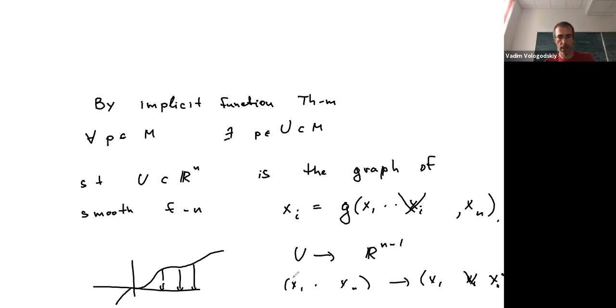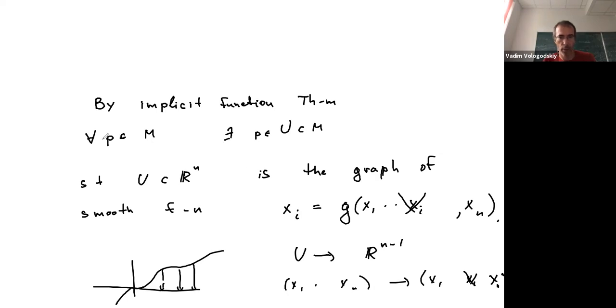And this projection defines a homeomorphism from U to an open subset in Rn minus 1. And that's how I define a chart.